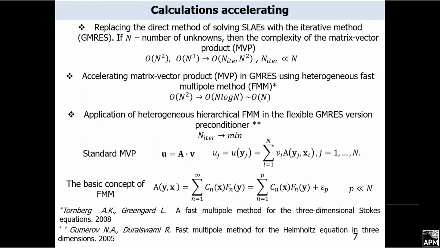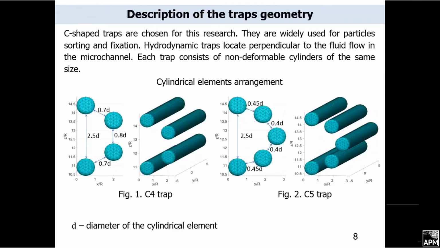This allows direct 3D simulation of the dynamics of dispersed systems in complex areas, the surface of which is covered by many thousands of triangular elements. C-shaped traps are often used in practice to trap and fix particles. In this work, we consider two configurations of traps. The first one consists of 4 cylindrical elements of the same size arranged in a C-shape.